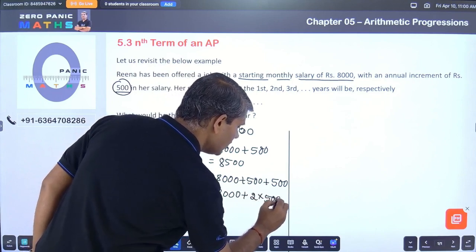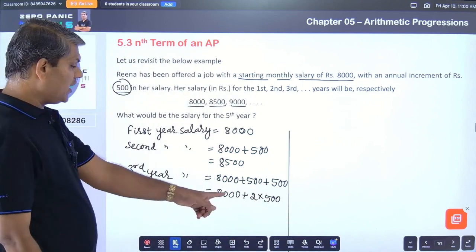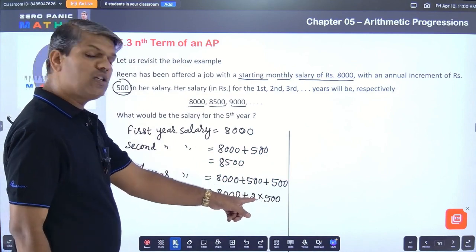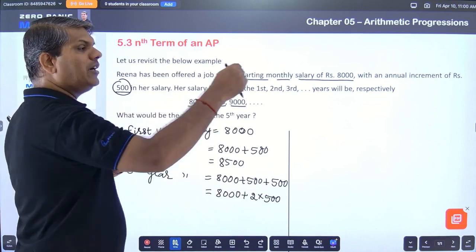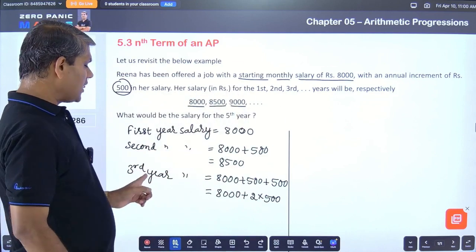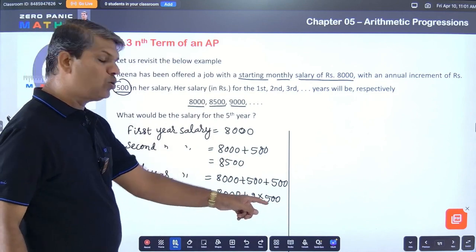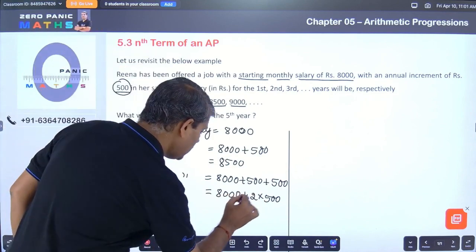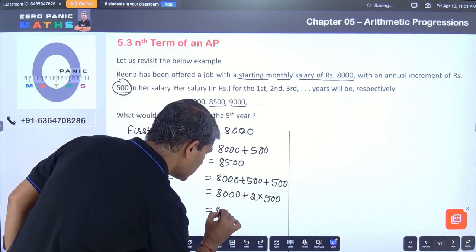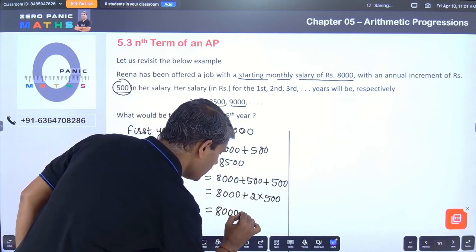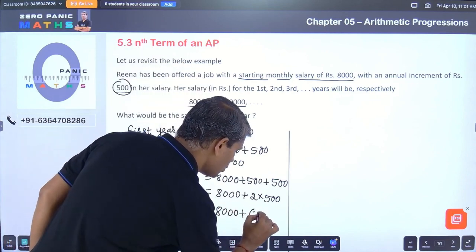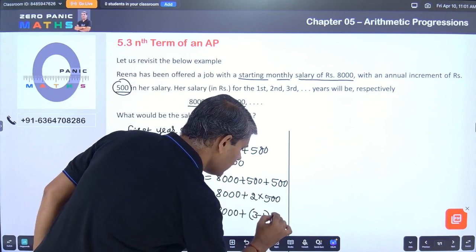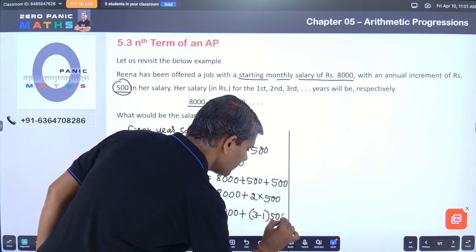Is it fine? For the third year we are adding 2 times the increment, because first year is 8,000, second year 1 increment, third year 1 more increment. So at the third year it will be 2 times 500. So can I write that 2 like this: 8,000 plus 3 minus 1 into 500?